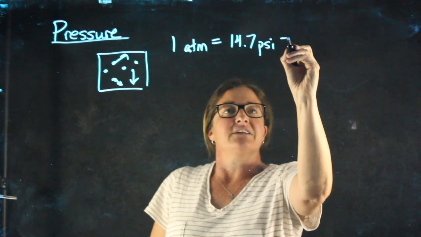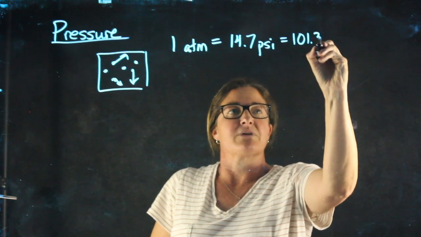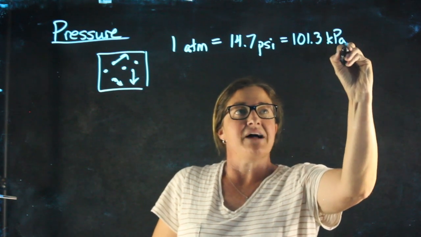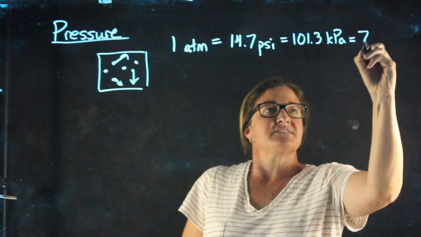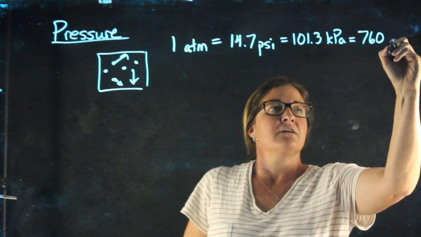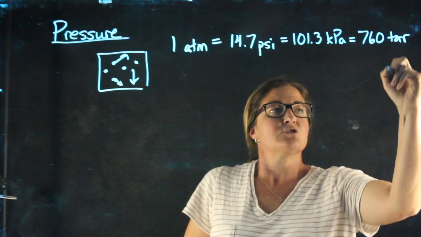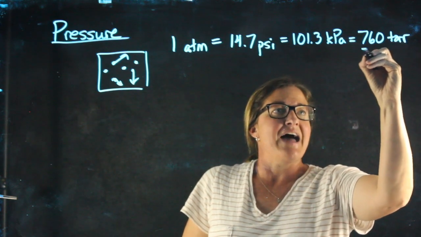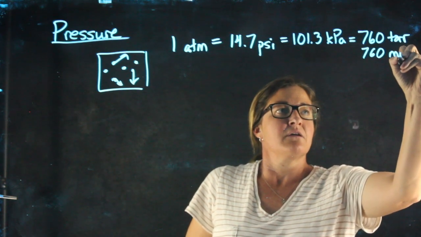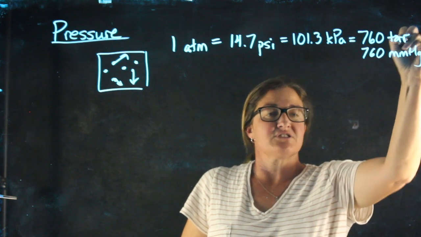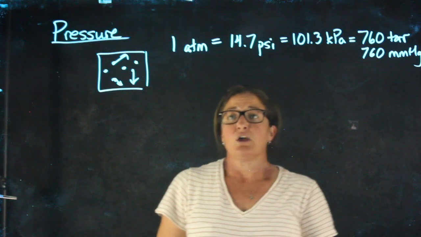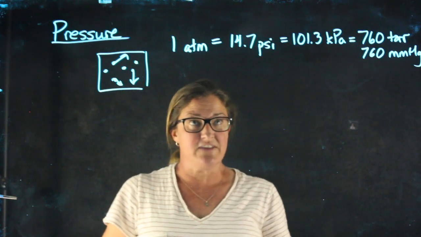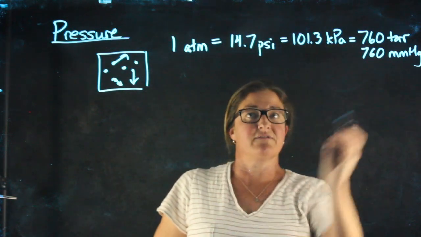This is also equivalent to 101.3 what are known as kilopascals, which is equivalent to 760 torr. Torr is also known as millimeters of mercury. So these two terms, torr and millimeters of mercury, can be used interchangeably. You need to be able to convert between these units, knowing any of these equivalencies.